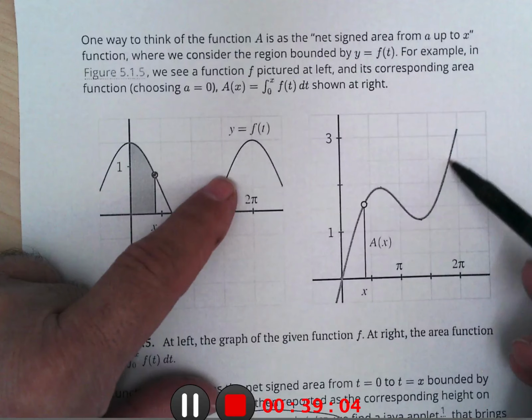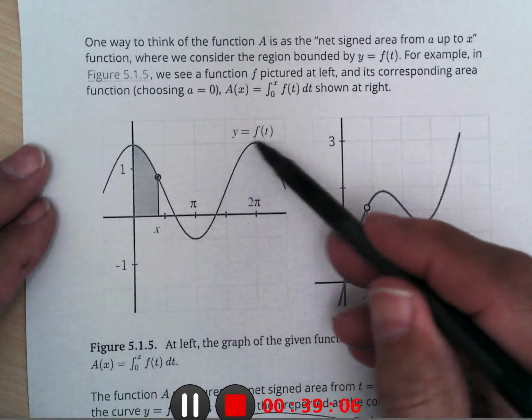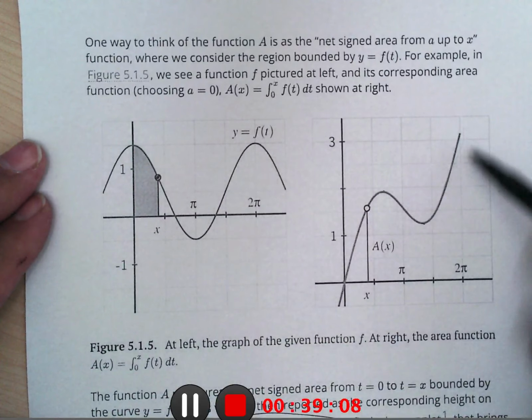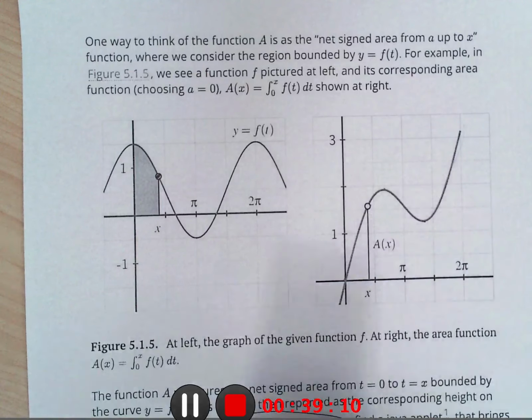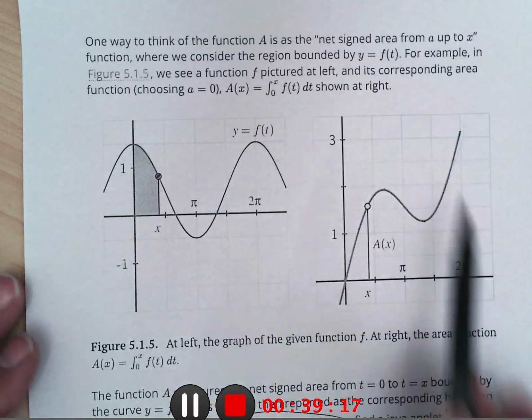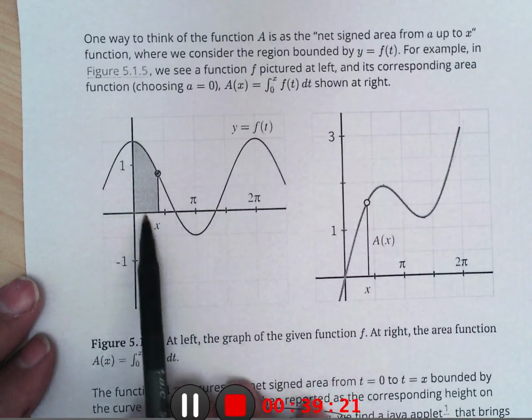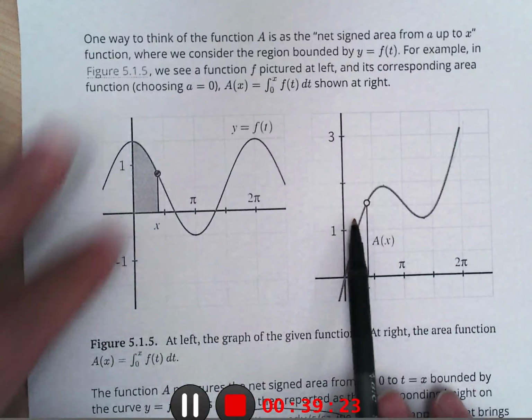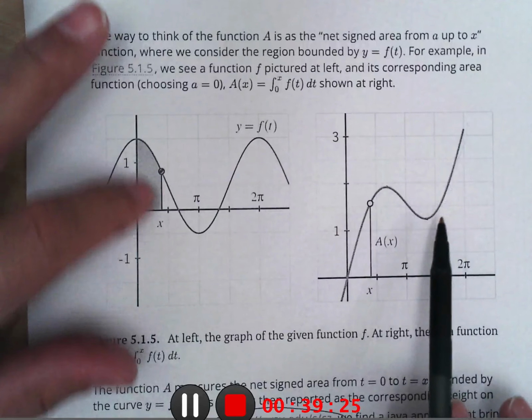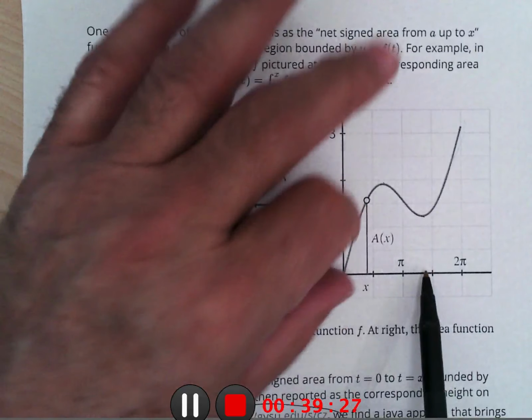And this looks like an upside-down parabola, so this is a big cubic. Okay? So just play with moving that along and see how this dot moves in accordance with this, where the amount of area here is the height of this graph.